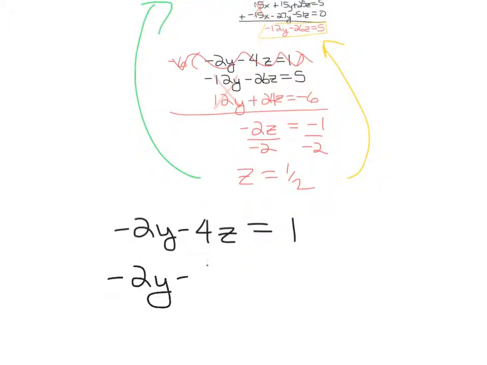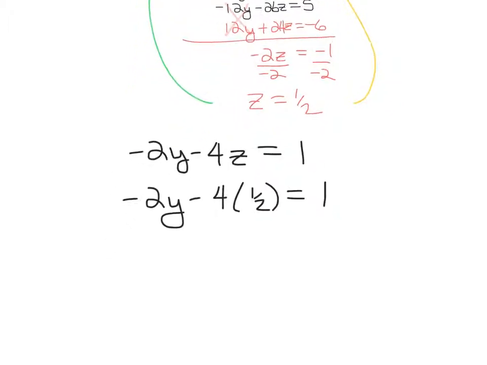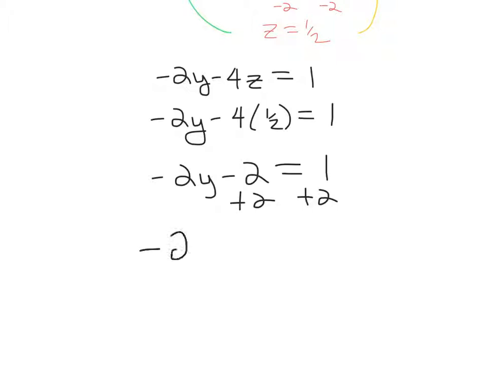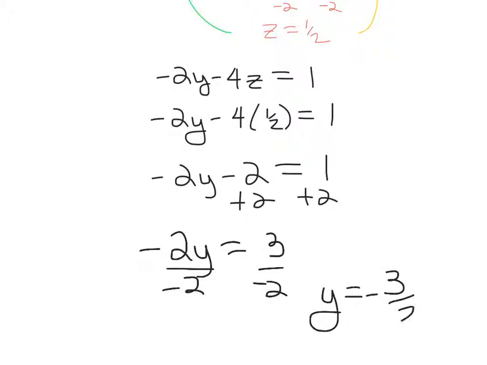So -2y, 4 times 1/2. Half of 4 is 2. Move the 2. -2y equals 3. Divide by -2. And y equals -3/2.